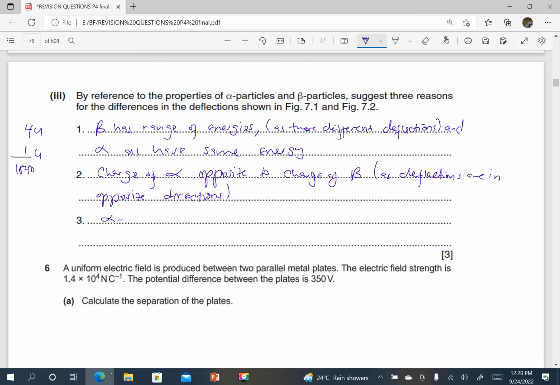So alpha is more massive than beta, as deflection is less, even for greater field strength.